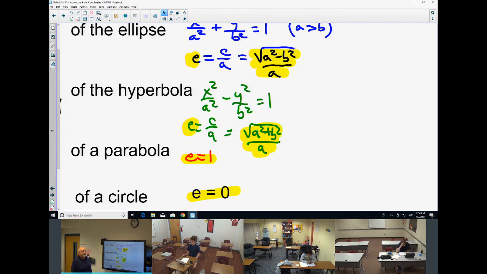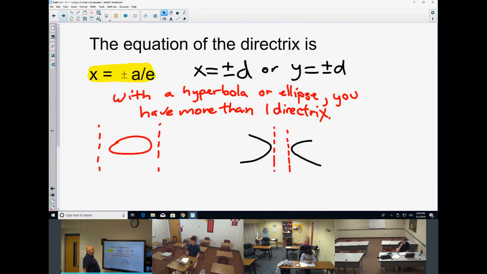All right, now, there's another way that you can think of something that all of these conic sections have in common, and that is the directrix. Typically, we use the directrix when it comes to the parabola the most.